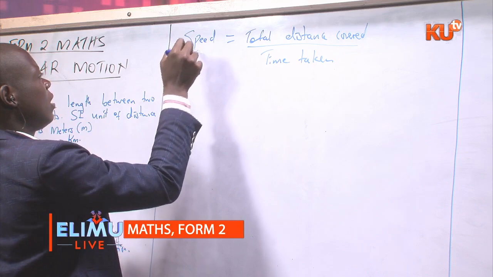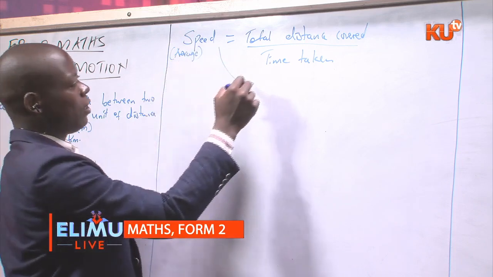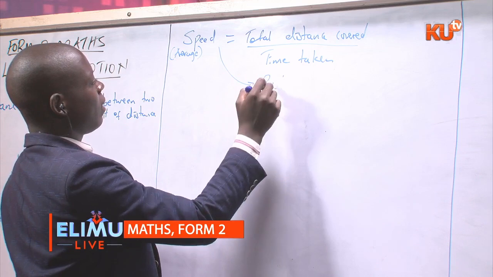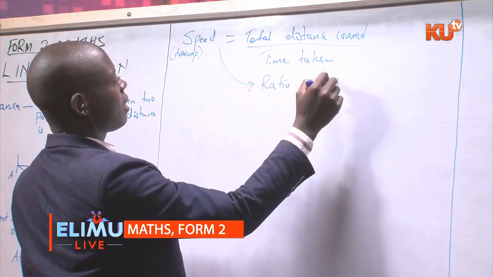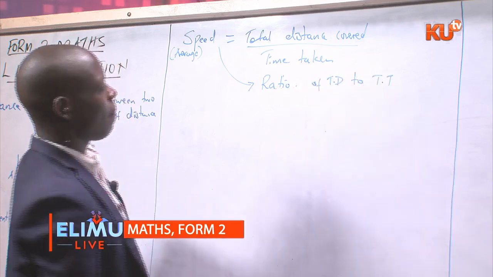We take the total distance covered over the time taken, meaning it's simply a ratio. Speed is therefore a ratio of the total distance to time taken.